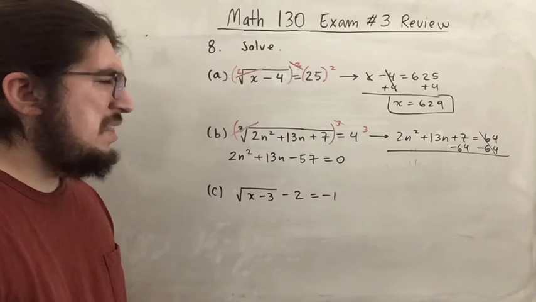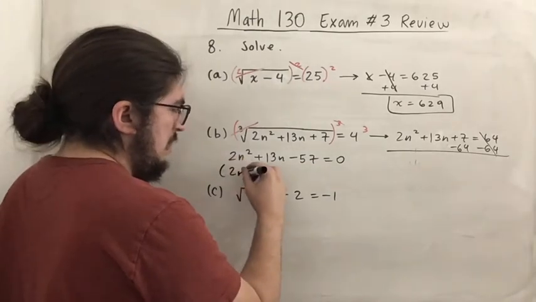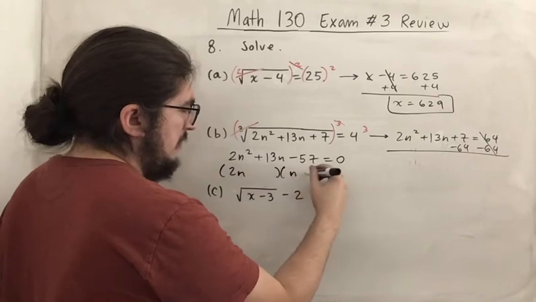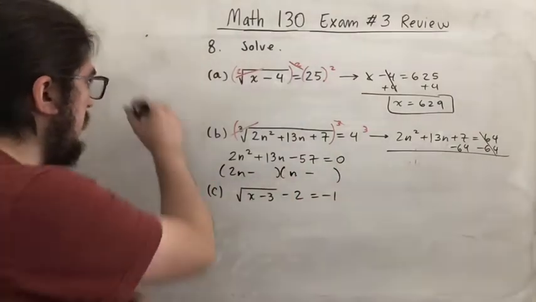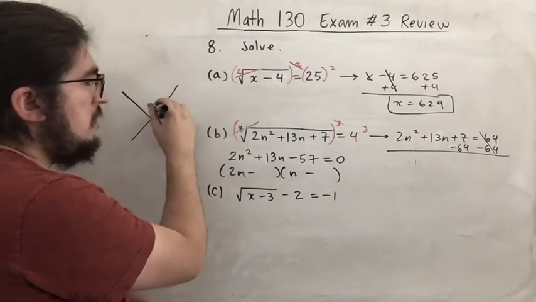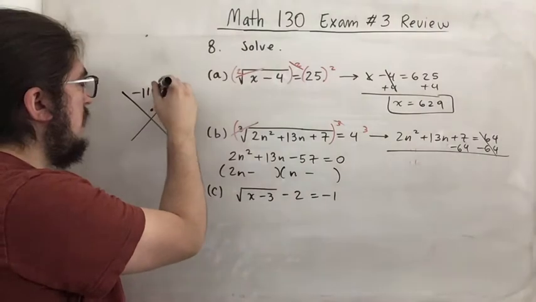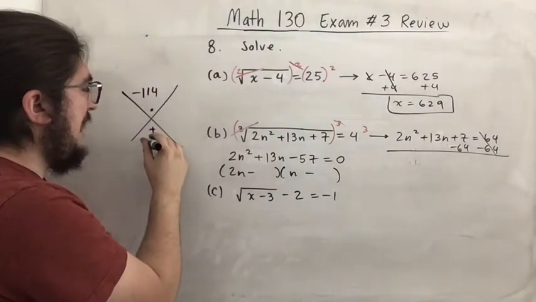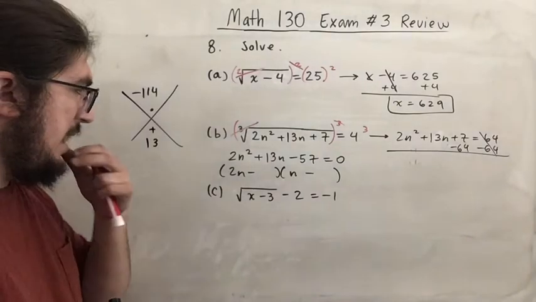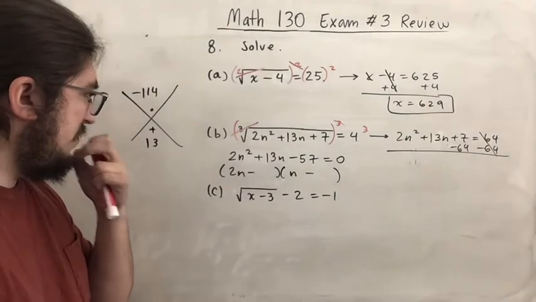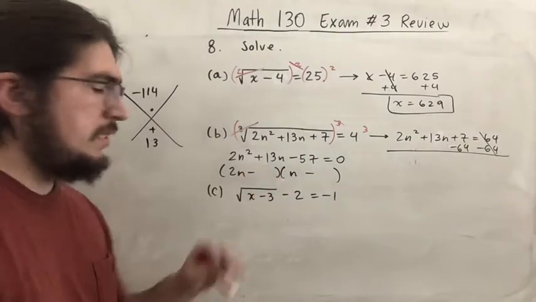And what I think we could do is just try to guess and check this instead of doing the AC method, which you can do, but the AC method is going to be a little hard because I'll just write it out to show you. 2 times 57 is 114, so negative 114. So we have to look for two numbers that multiply to that and add to 13. Now there is actually a way of making it work out, but I just kind of want to think about it. So again, this is 3 times 19, excuse me.